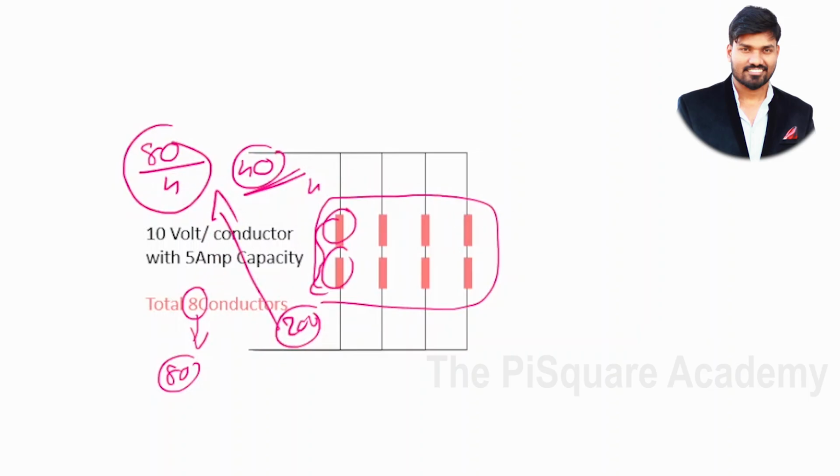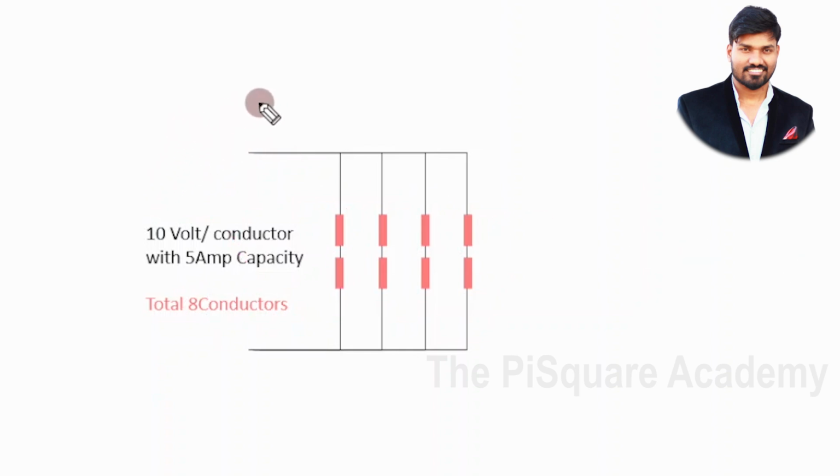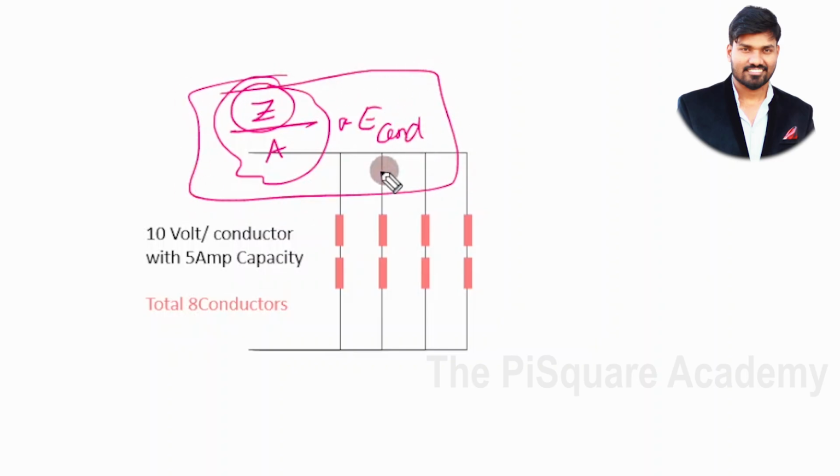The whole story says, if the number of conductors is Z, the parallel paths decide how much voltage. So Z by A times the EMF induced per conductor will be the total induced EMF. Remember this is very important. Total induced EMF average value is equal to Z by A into EMF per conductor.